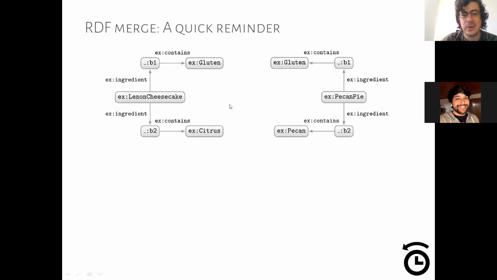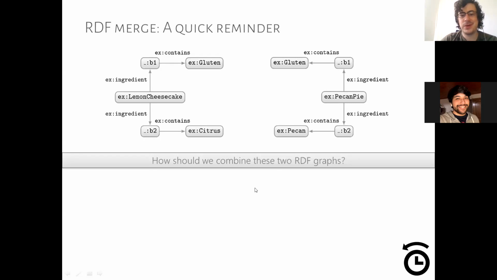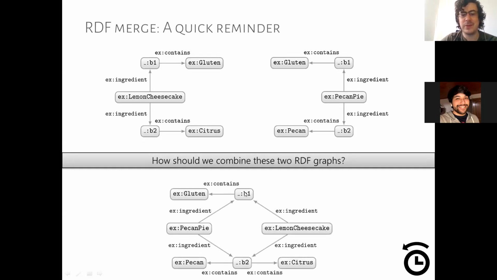The first thing is to remember what is an RDF merge, which is what FROM uses. An RDF merge is essentially this idea that if we have two different RDF graphs that happen to have the same blank nodes, we don't want to end up with a situation where we merge these, right? We want to avoid this sort of situation because the blank nodes here are local identifiers and they're really distinct. So we want to keep them separate.